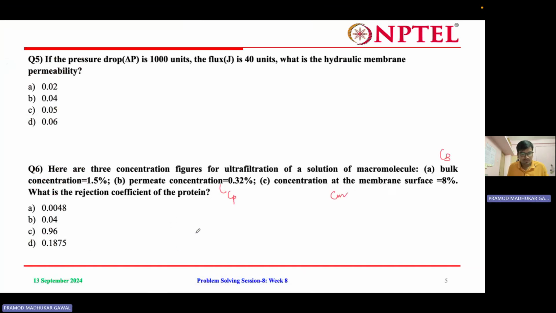To calculate the rejection coefficient, R dash equals 1 minus Cp by Cm. So 1 minus 0.32 divided by 8 gives 0.96, the rejection coefficient of the protein. Checking the options, C is the correct one.